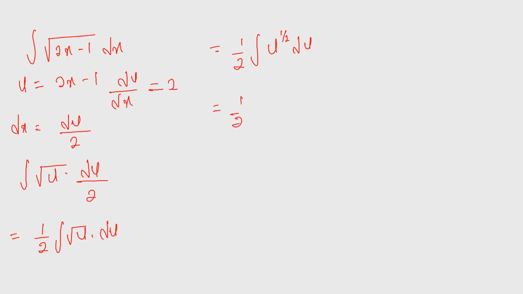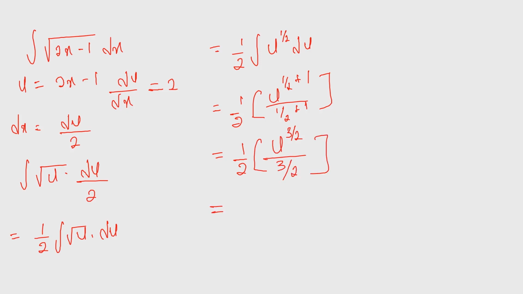So 1 over 2 into, if you integrate u, you are going to have u raised to the power of half plus 1, over half plus 1. So we are going to have 1 over 2 into u raised to the power of 3 over 2, over 3 over 2.